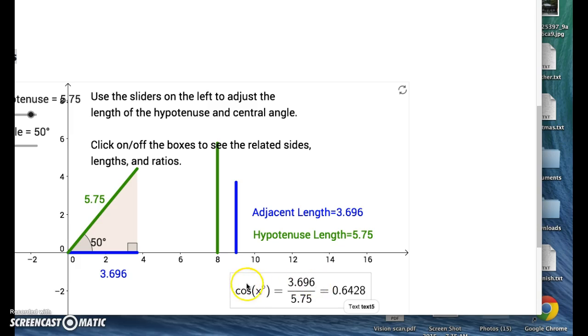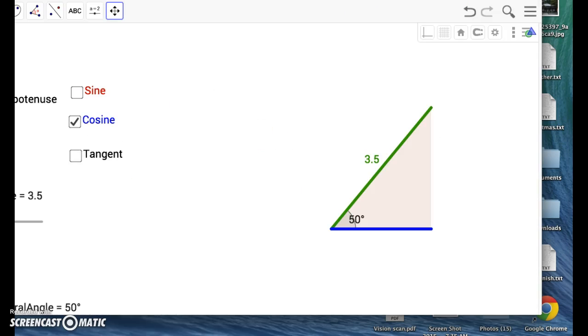So here is the equation right here. Cosine of x is 64. If you go back to this, you can draw this out and write. You get a writing program going. So you would say, I can use cosine because it has adjacent and hypotenuse.